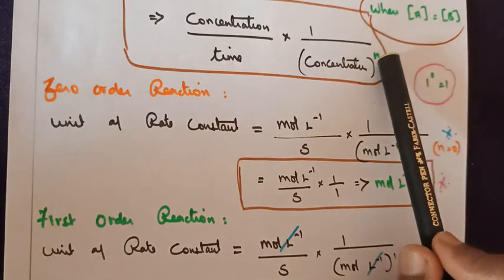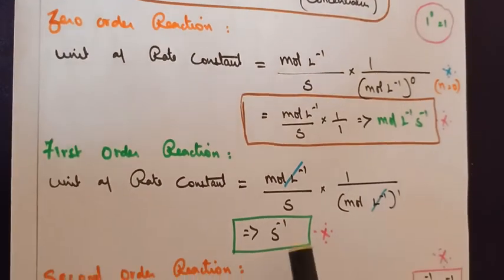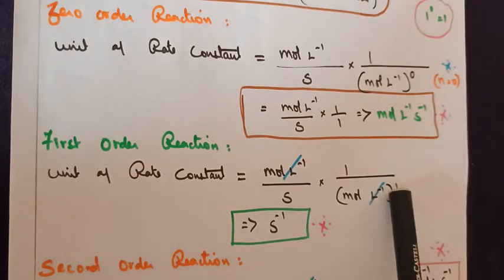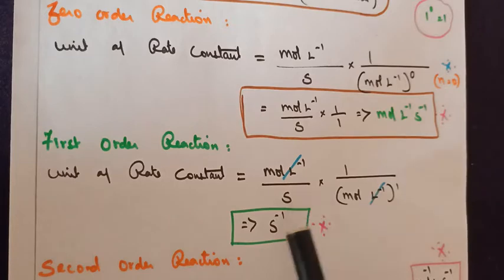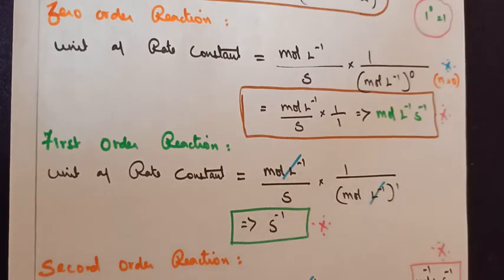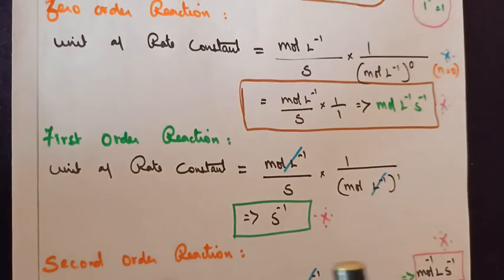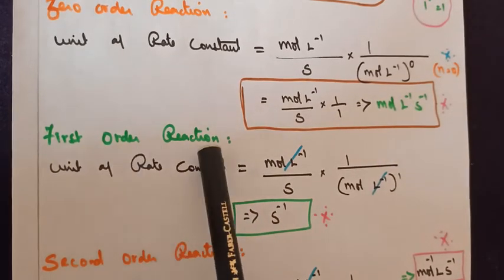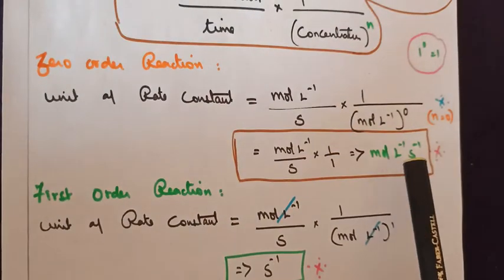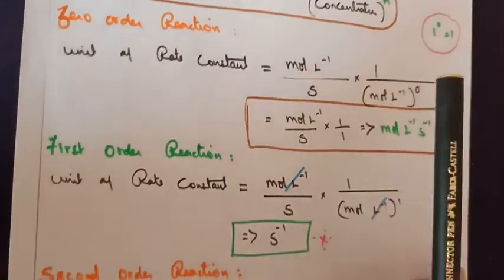For the first order, what should we write? 1 here. If you look at it, mole liter inverse and mole liter inverse get cancelled. So we are left with 1 by S. So if the S goes to the numerator, what does it become? S inverse it becomes, meaning second inverse. So this is the unit of rate constant for a first order reaction. This is the rate constant for the zero order reaction.